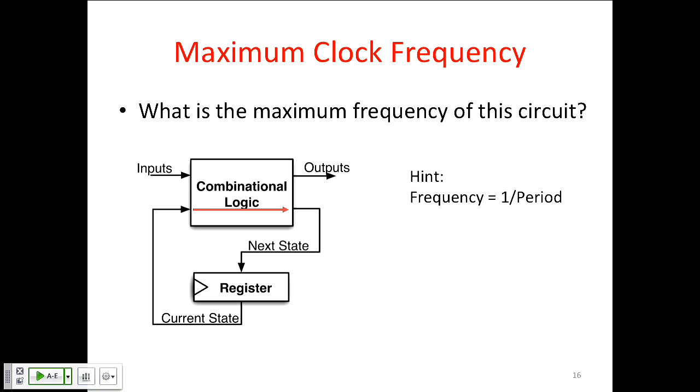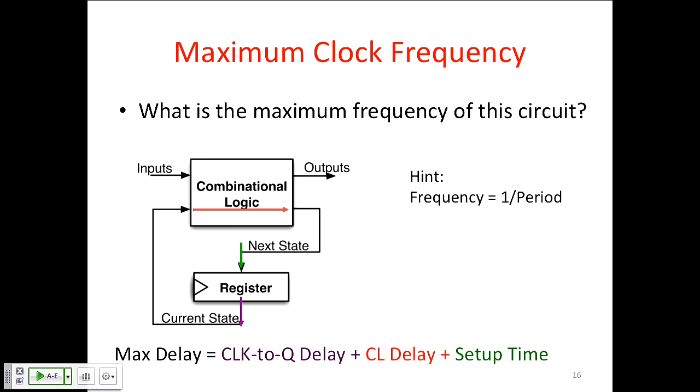That includes the time to propagate through the logic, the time to set up the register, and the time for the register to produce the next output to feed in the next cycle, right? All those three things happen in series in the circuit. So the period, the max delay of this circuit, is given by the clock to Q delay.